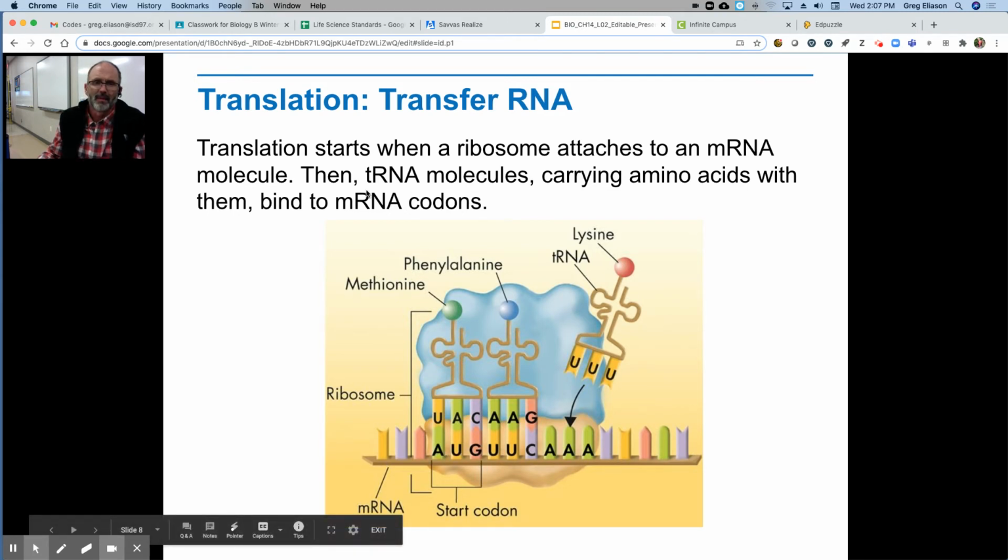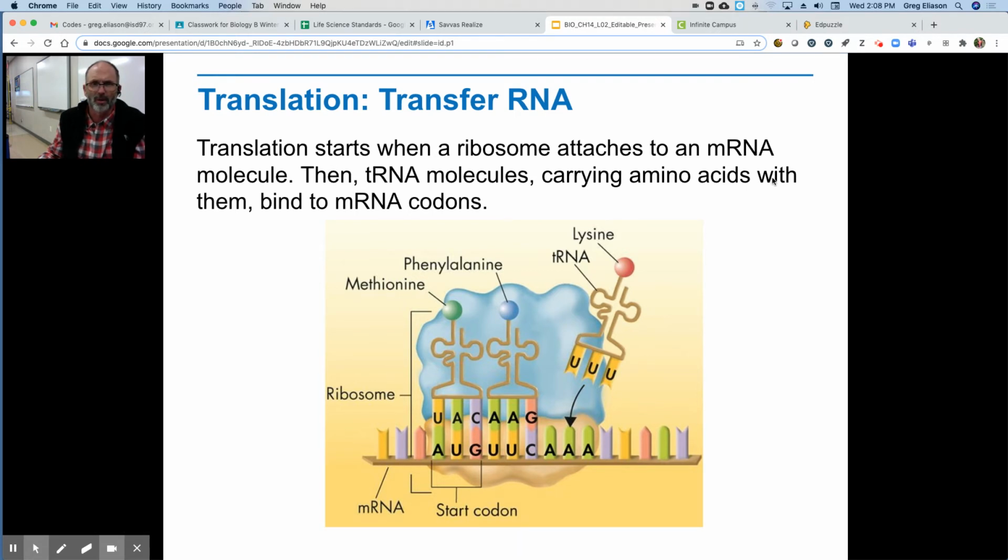Then we have another one called the tRNA molecule carrying amino acids that bind to the mRNA codons. So this tRNA has a corresponding or matching code. So if the mRNA is AUG, the transfer RNA is going to have a code of UAC. So they bind like that.